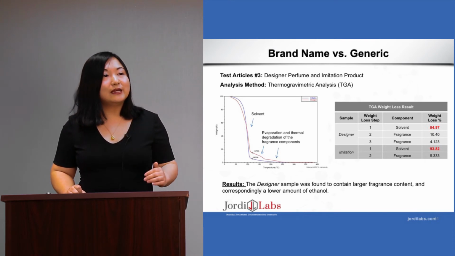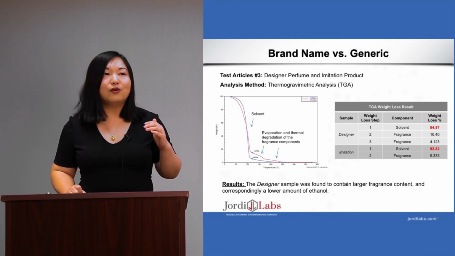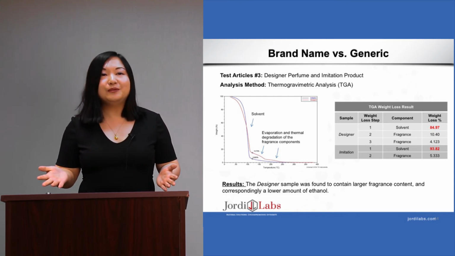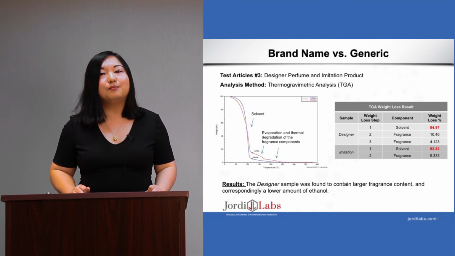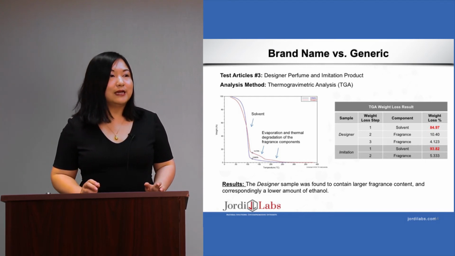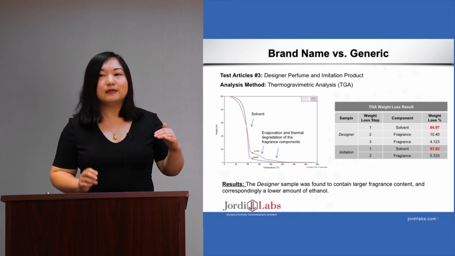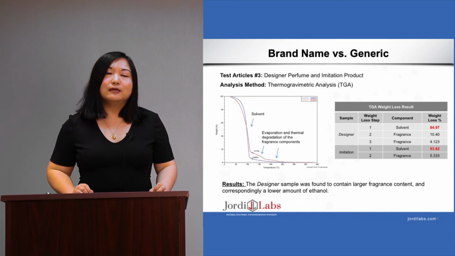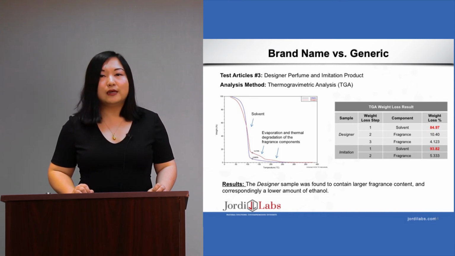It's an indication that there is more ethanol in the imitation product. So that's why it's cheaper, because they just spike their product with more ethanol. And another thing we noticed is that the fragrance in the brand name has a higher content compared to the imitation.